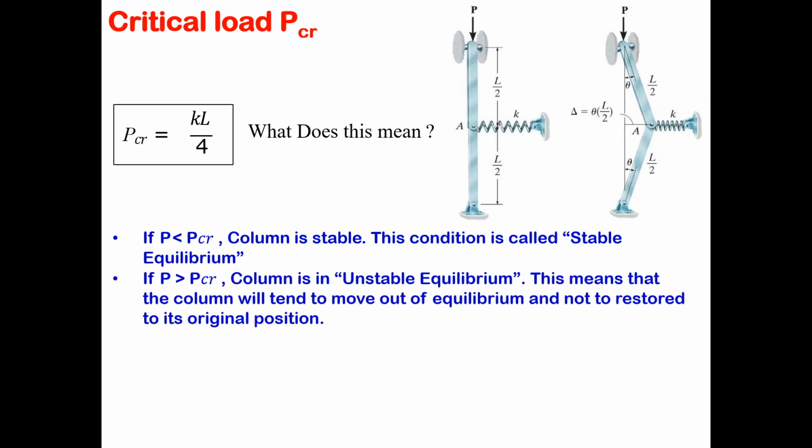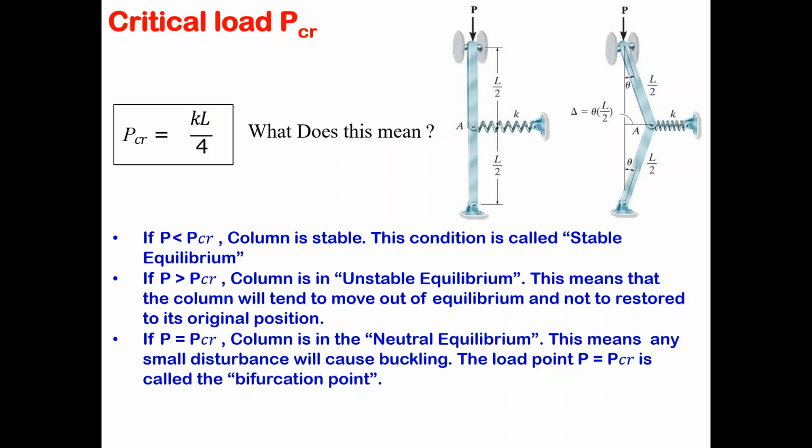If your P is larger than P critical, the column is in unstable equilibrium. This means that the column will tend to move out of equilibrium and not be restored to its original position, meaning that it will eventually fail. And if P is equal to P critical, the column is in neutral equilibrium.